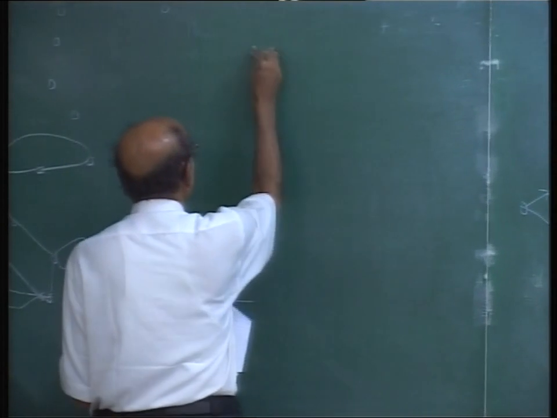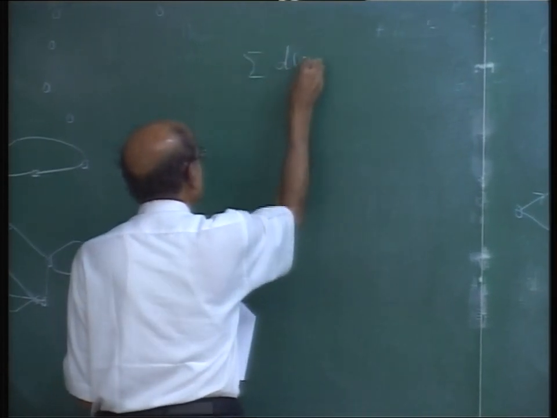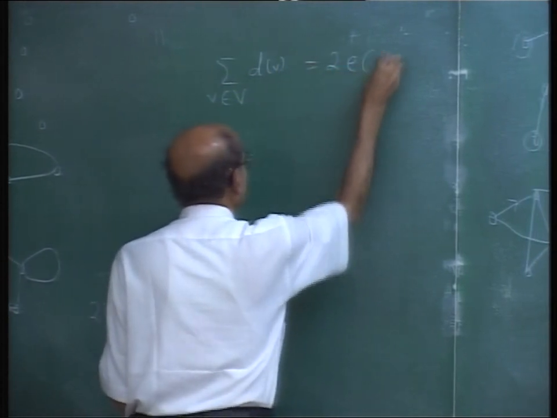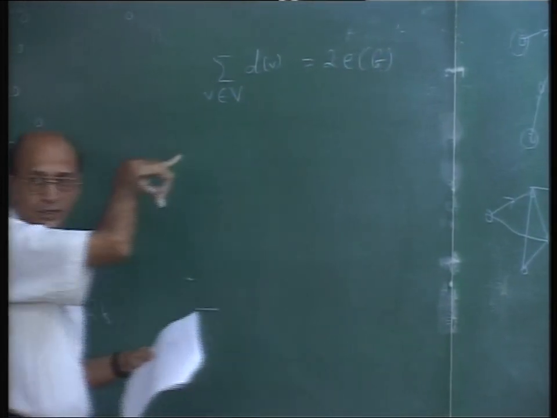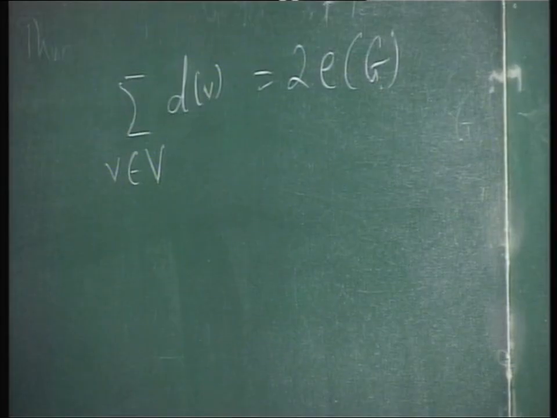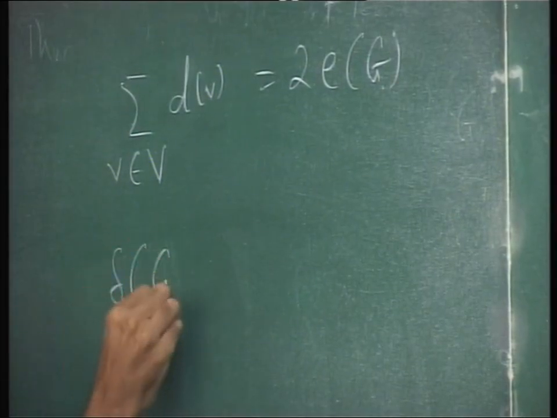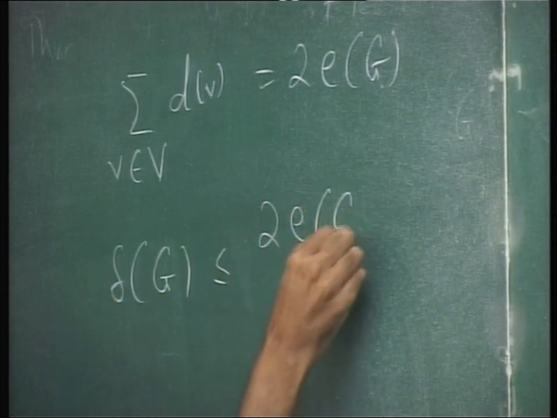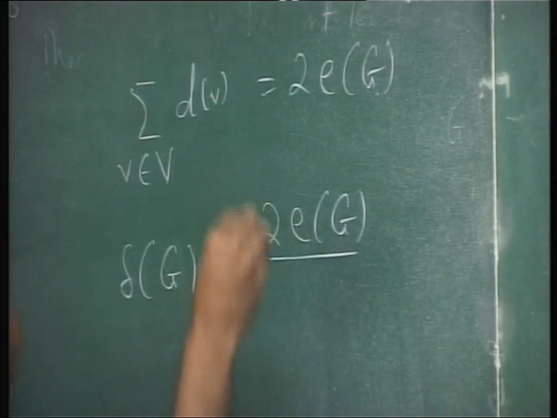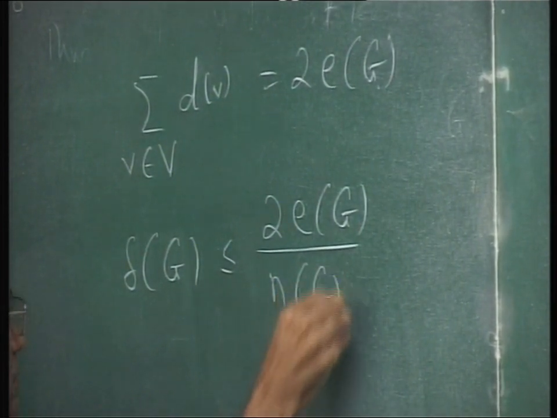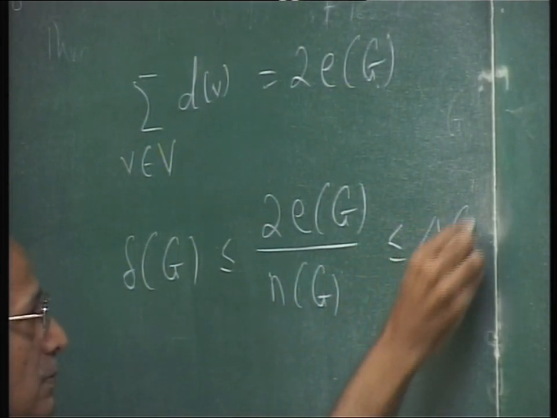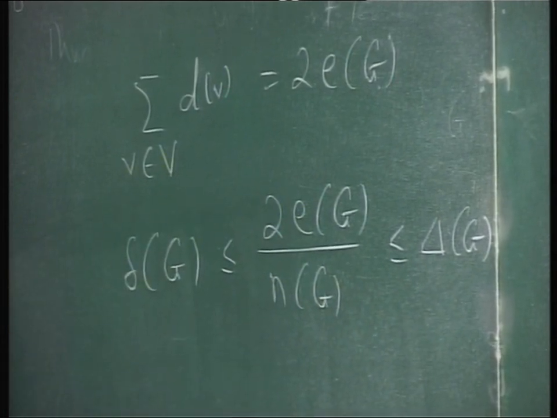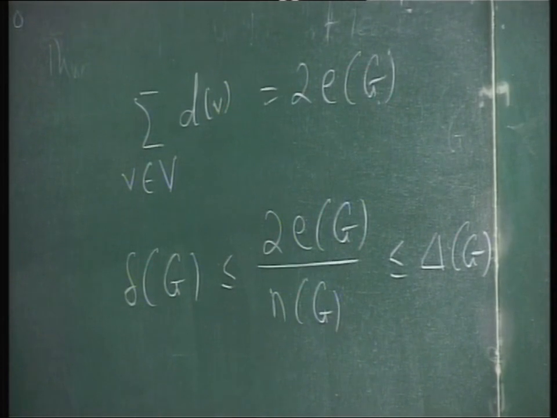Okay, this is a formula that we obtained earlier: the sum of degrees is 2 times the number of edges. Most basic formula. How does this follow?